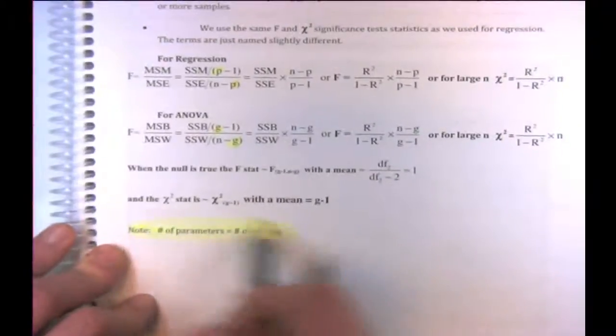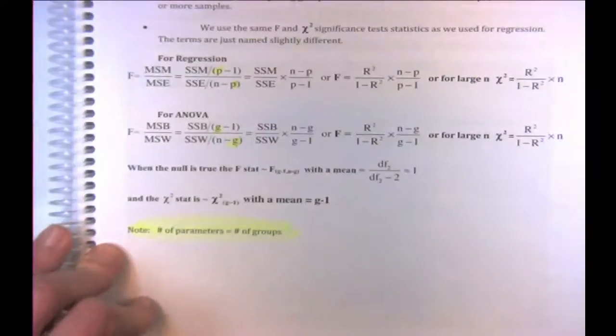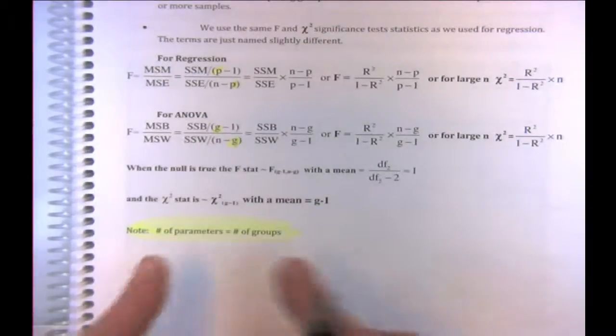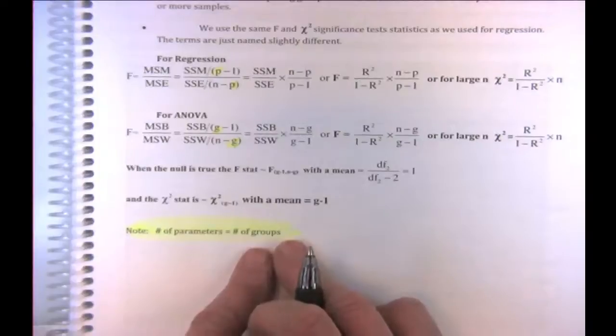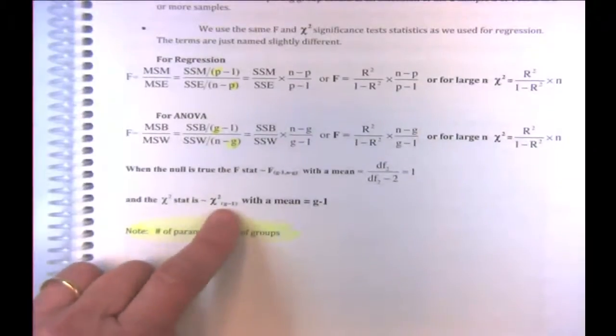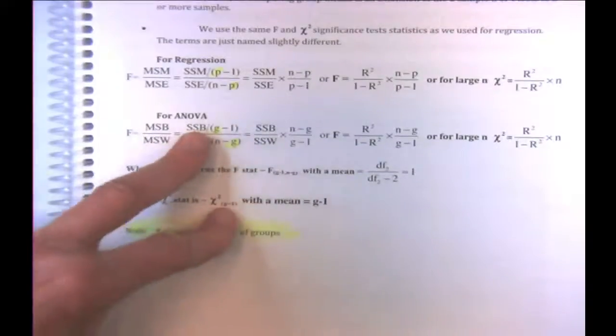So remember the number of parameters for regression were all the terms on the right, all the betas, including the intercept. Now it's all the groups. So this right here, G minus 1, is going to match up with G minus 1 here. So that's the only difference.